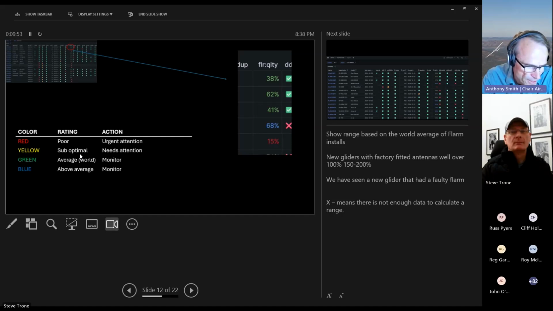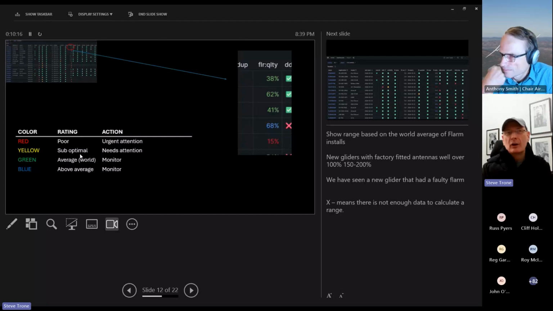But I suspect in summer, once people start doing more flying and getting further away from the airfield, we'll see those numbers improve. This web page does seem to like getting quite a few flights there to build up a picture of the information.